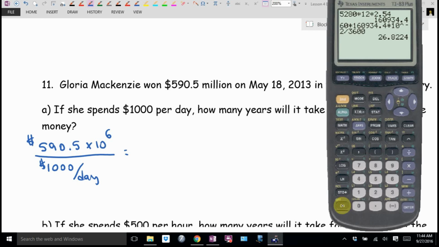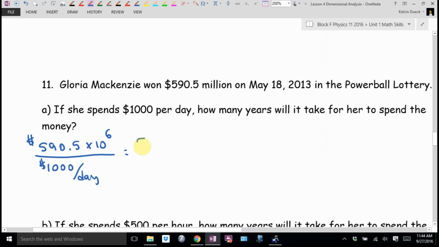So on my calculator, I'm going to go 590.5 times 10 to the 6th divided by 1,000. If you have that many dollars and you're spending $1,000 a day, it'll take you that many days: 590,500. But I want to convert that to years.